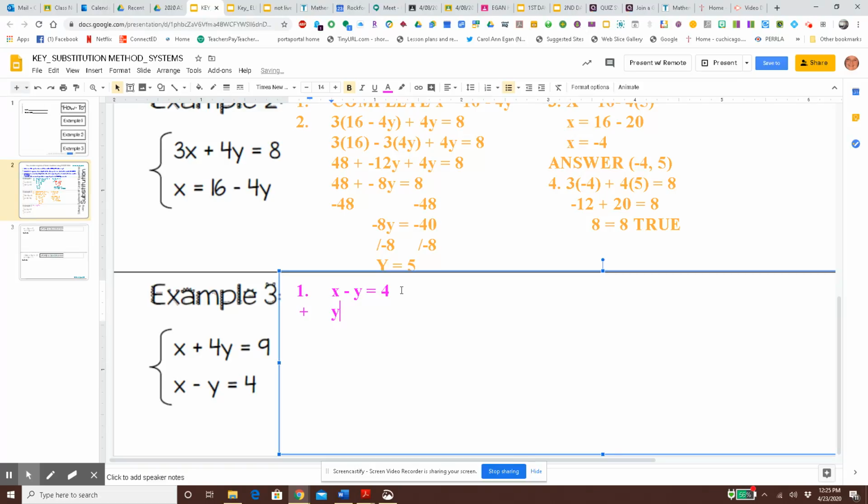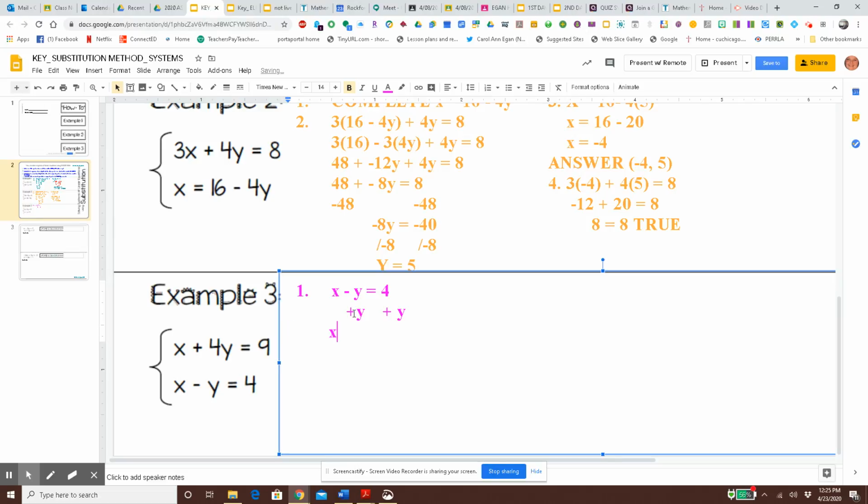Because remember, negative y means there's a negative 1 in front of that y, the coefficient of it. So plus y on both sides of the equal sign. Remember, I've got to do everything I do to one side onto the other. That's the golden rule.